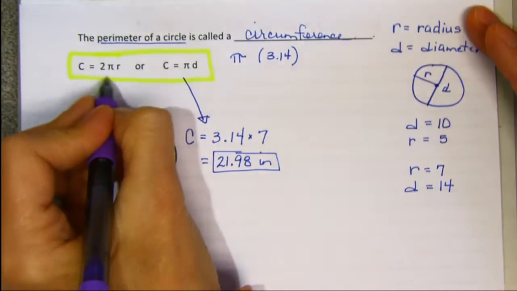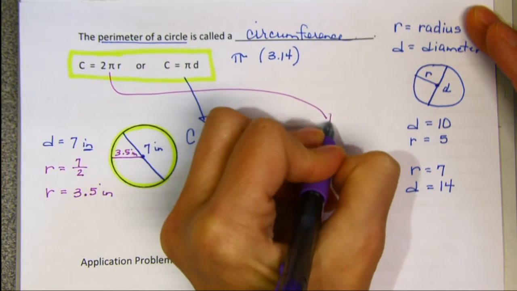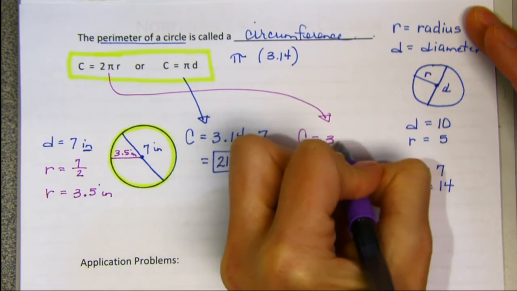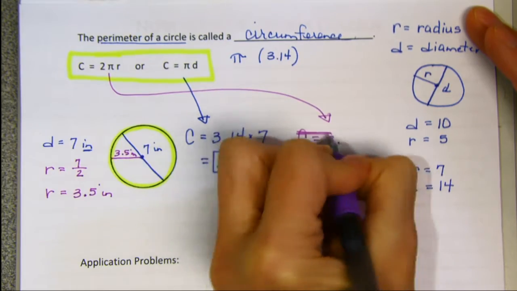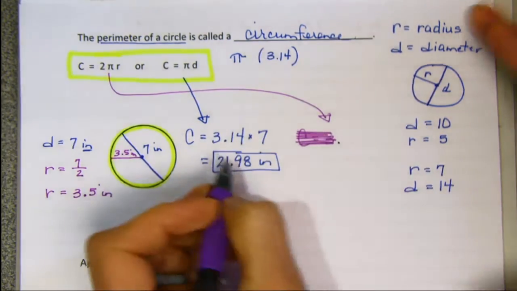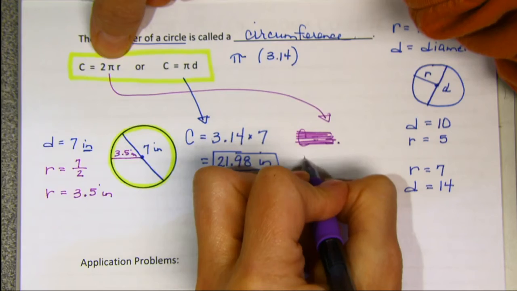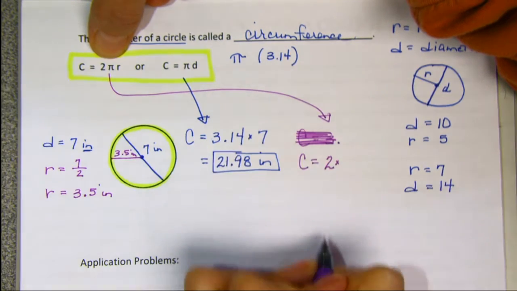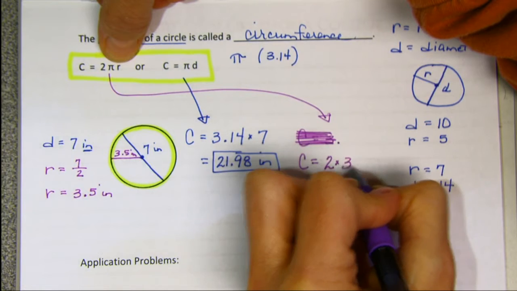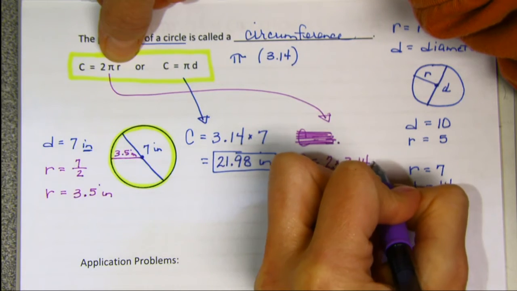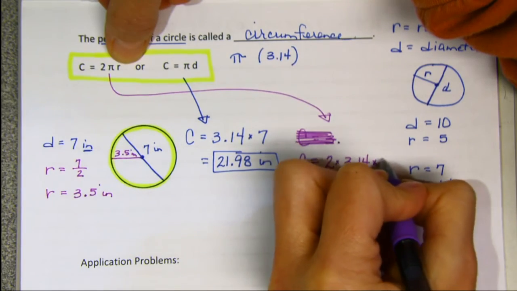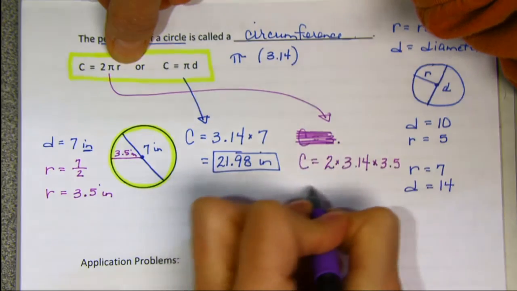Okay, so now I'm going to use that formula. Circumference equals 2 times pi, 3.14, times radius, and we just found the radius to be 3.5 inches.